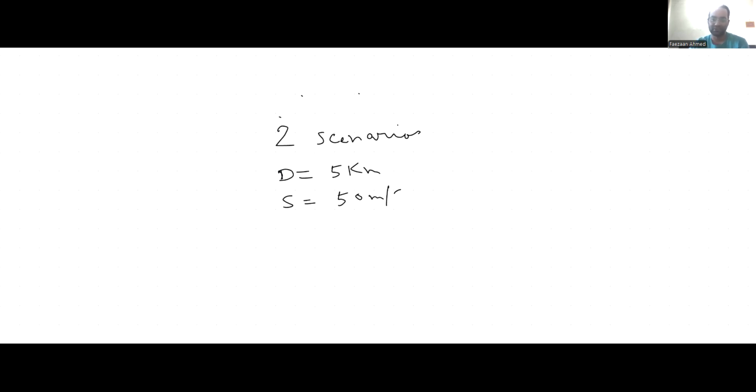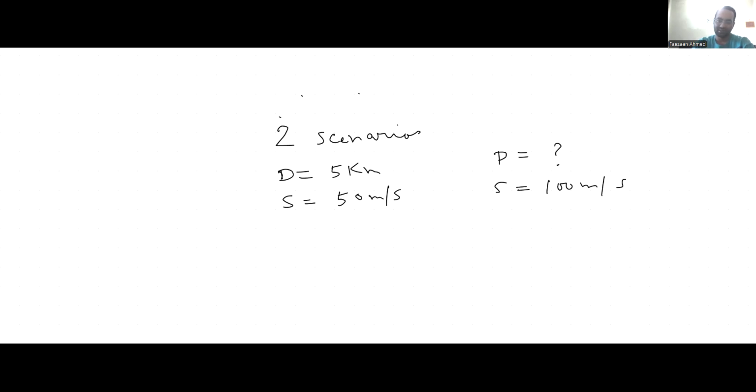Okay. So if you increase the speed to 100 meter per second, how much distance will you cover? And it is given that the time is constant, right? So this is an idea.